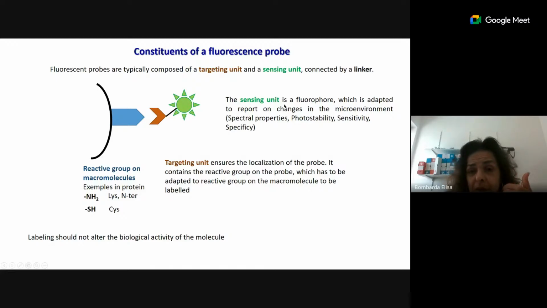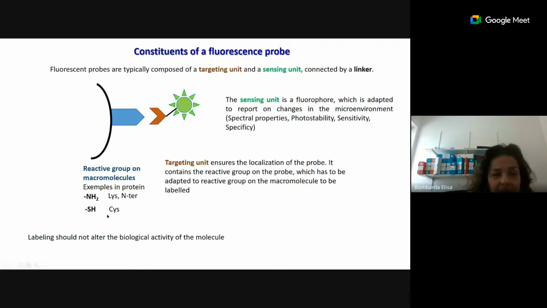The sensing unit is your fluorophore, which is adapted to report on changes in the microenvironment. The targeting unit instead ensures the localization of the probe, and so it contains the reactive group that has to be adapted to the reactive group on the macromolecule to be labeled. That is fundamental, because you want your probe to be where you want to put it.